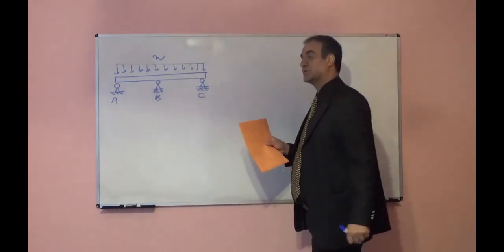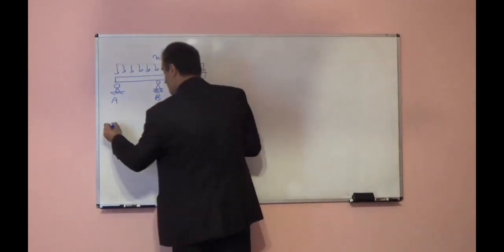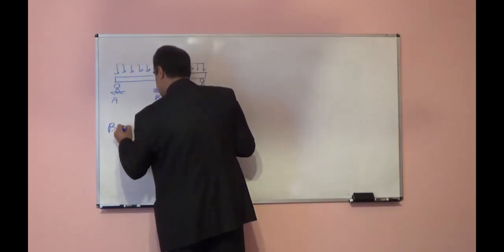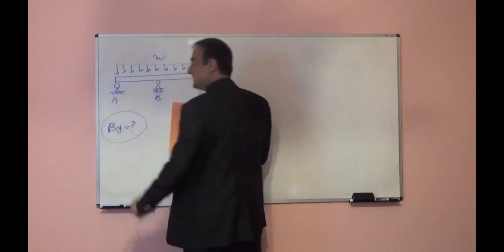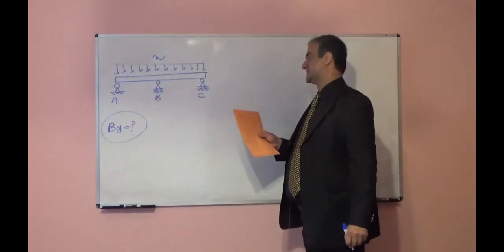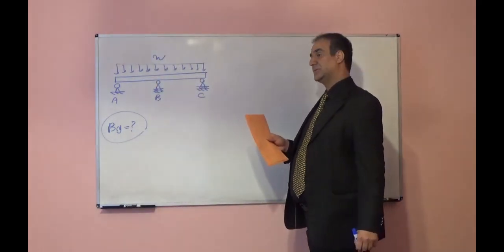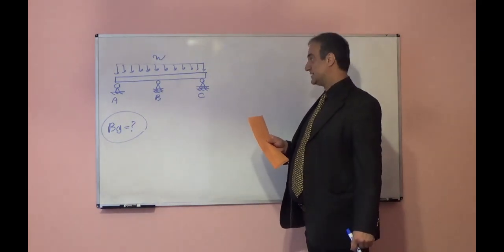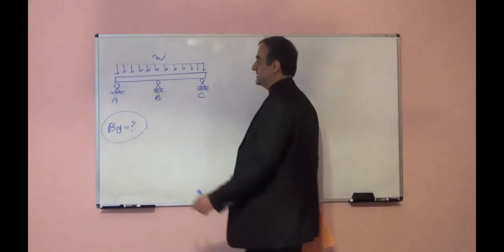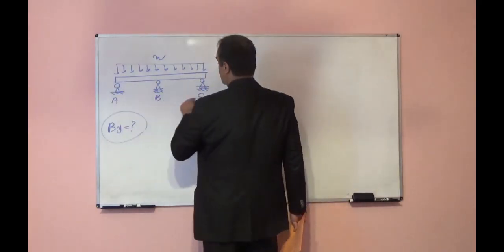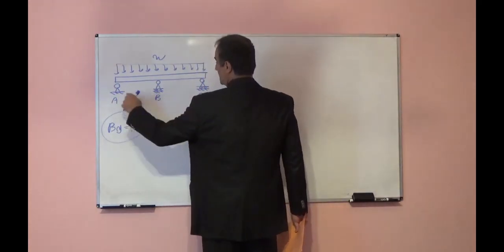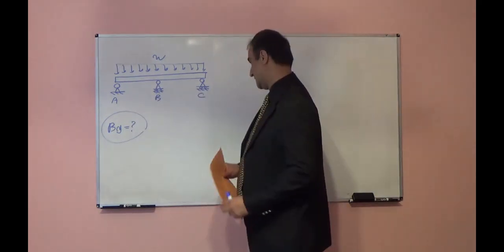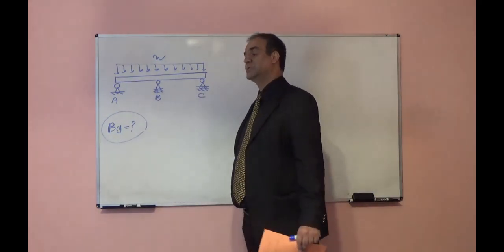What is the reaction at support B, or what is By? Because this is an indeterminate system, using equilibrium equations we will not find By, because here we have, you see, two unknowns here, 1 and 1. So we will have 4 unknowns. How many equilibrium equations can we write?